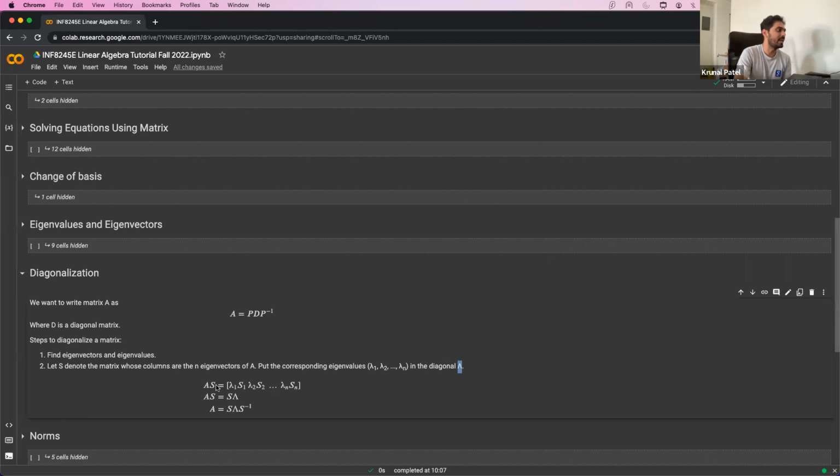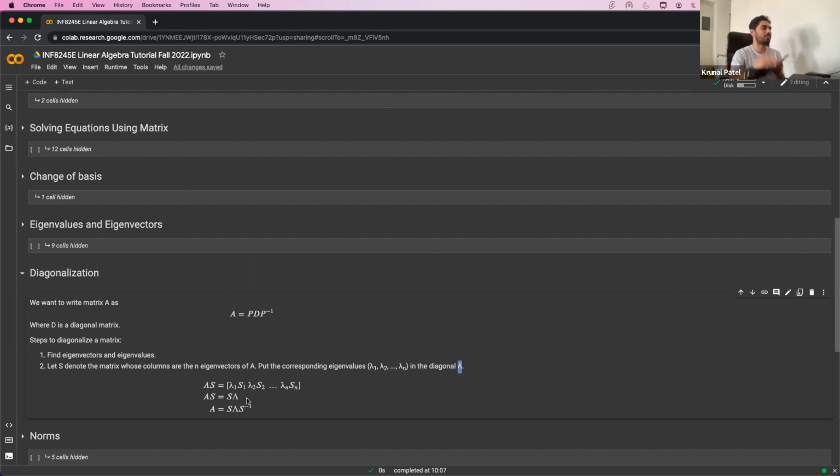If you multiply A times S, then A times the first eigenvector is the same as lambda 1 times the first eigenvector, A times the second eigenvector is lambda 2 times the second eigenvector, and so on and so forth. So doing A times the matrix S is basically S times this lambda, right?